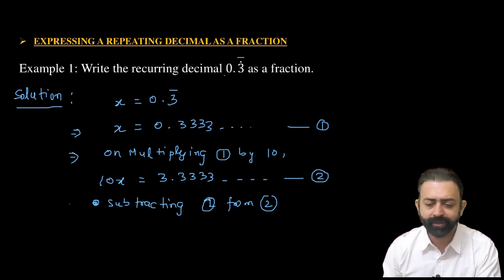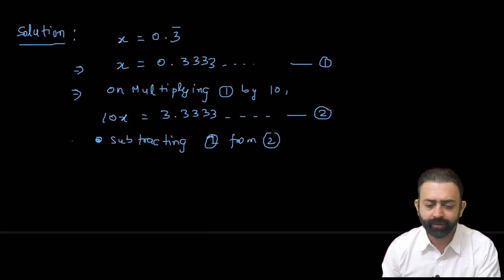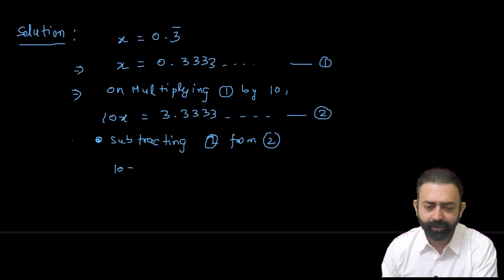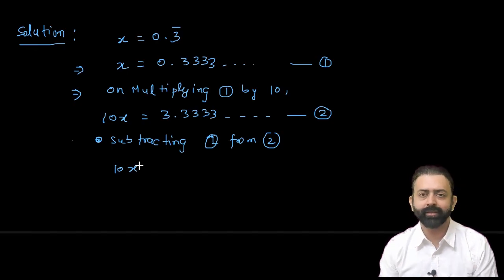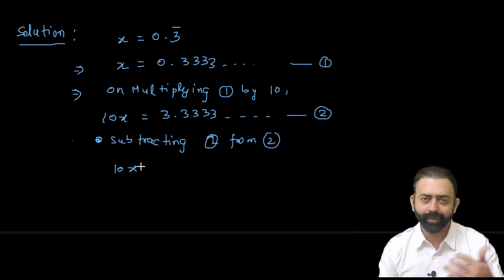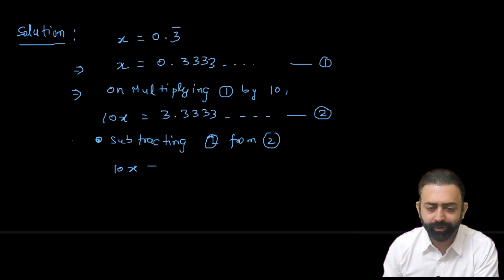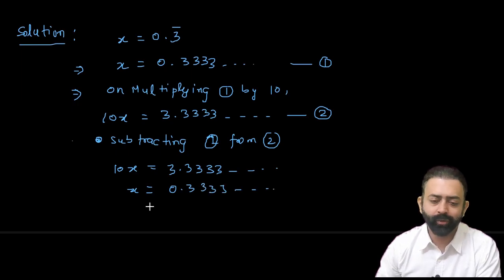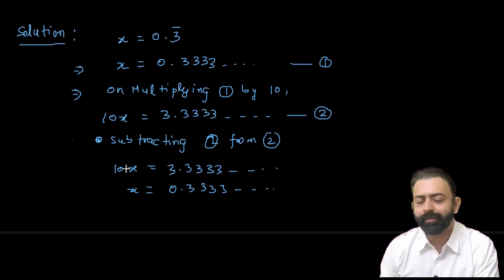So I am just rewriting equations 2 and 1 once again, but first I will write the bigger equation, bigger in the sense that the magnitude of equation number 2 on left hand side is bigger. So I will write equation number 2 first. So 10x is equal to 3.3333 and so on, and this is equation number 1, which is x equal to 0.3333.